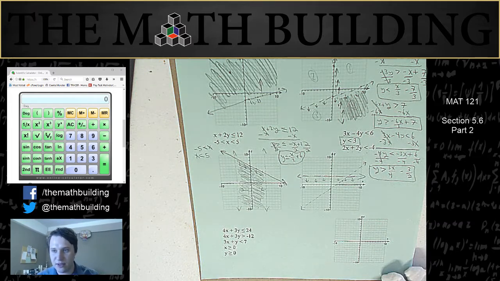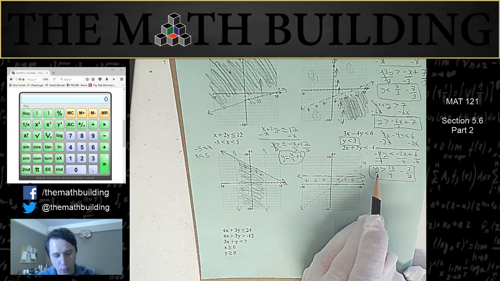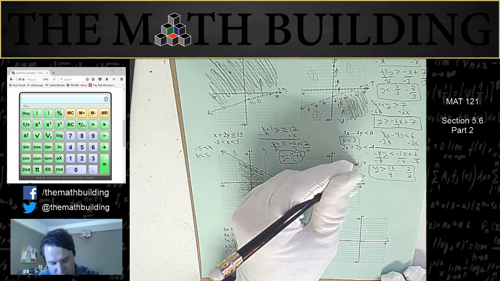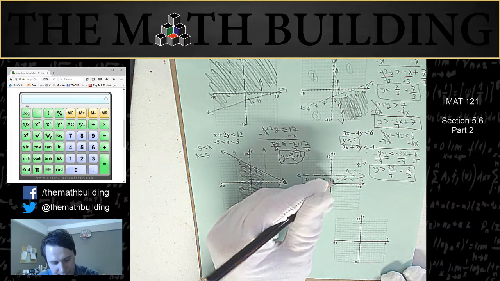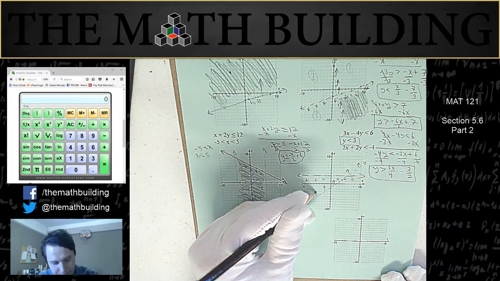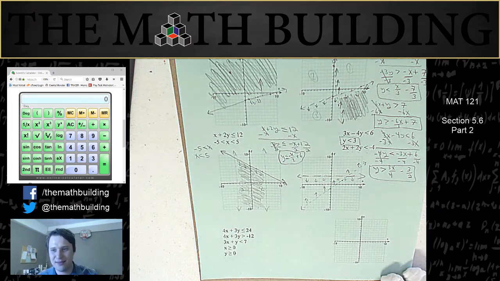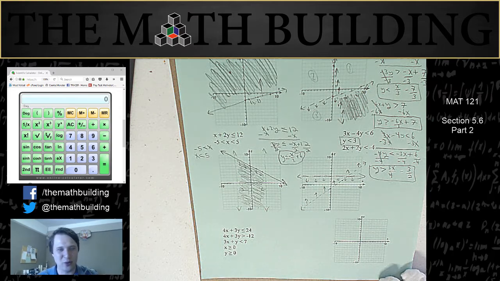There we go. And now let's figure out if we're shading above or below the line. Y is greater than, so we are shading above. I hope you see that these arrows are helpful when we're trying to figure out where to shade.